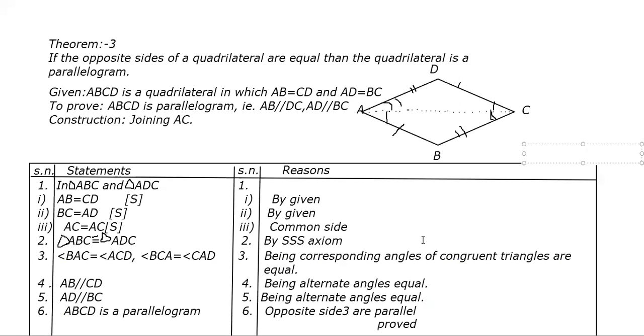Like this angle A and this angle C. Similarly, BAC and DCA are equal. Now, if alternate angles are equal, then they are parallel.